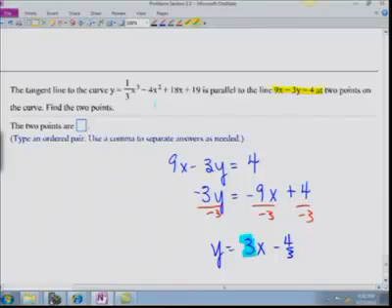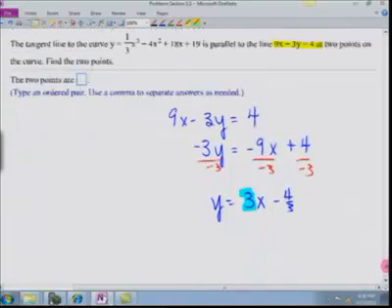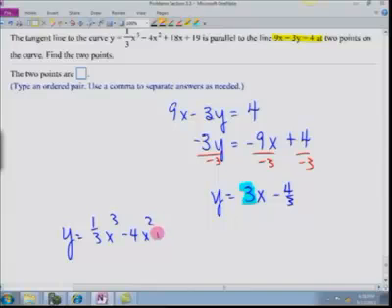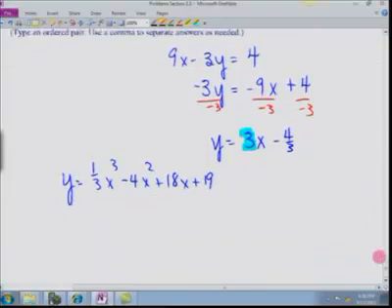Now, the tangent line to that curve, the slope of that is also the derivative, right? Well, let's find the derivative of this thing that we're given. Y equals 1/3 x cubed minus 4x squared plus 18x plus 19. What's y prime?